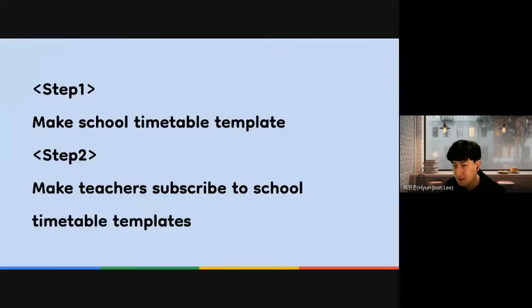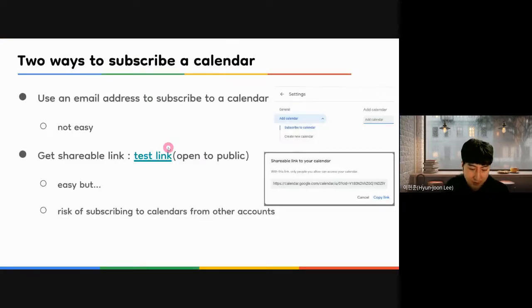So what I'm going to do is make teachers subscribe to school timetable templates. There are two ways to subscribe to a calendar. One way is to use an email address to subscribe to a calendar, and the other way is to get a shareable link. The former can feel complicated, so most people use the latter.